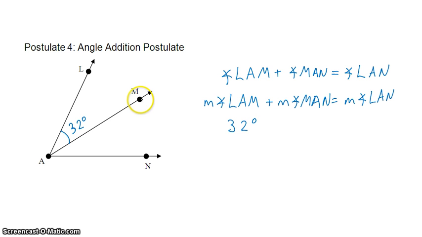If I take a protractor and I measure angle MAN, and I get 36 degrees, I can substitute in that measure for this angle. Now I can do this math. 32 degrees plus 36 degrees gives me 68 degrees.